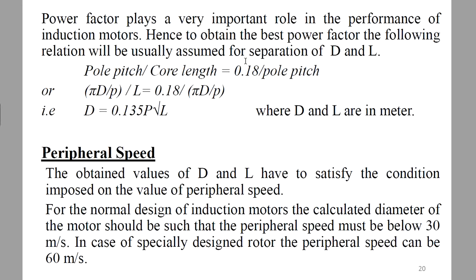Hence, to obtain the best power factor, the following relation will be used: pole pitch by core length equals 0.18 by pole pitch. What is pole pitch? It is pi D by P. So pi D by P divided by L equals 0.18. From this you get D equals 0.135 P root L. This is for the best power factor.